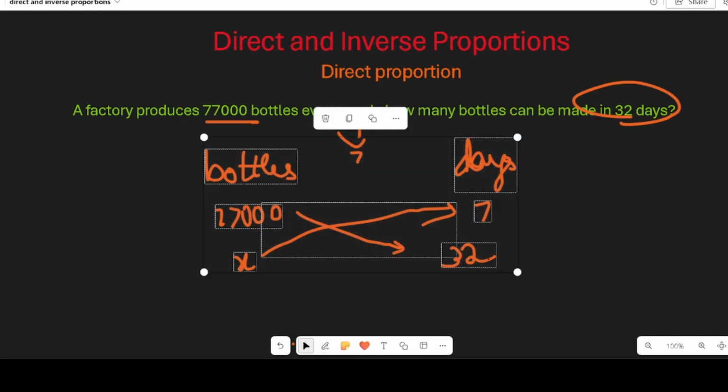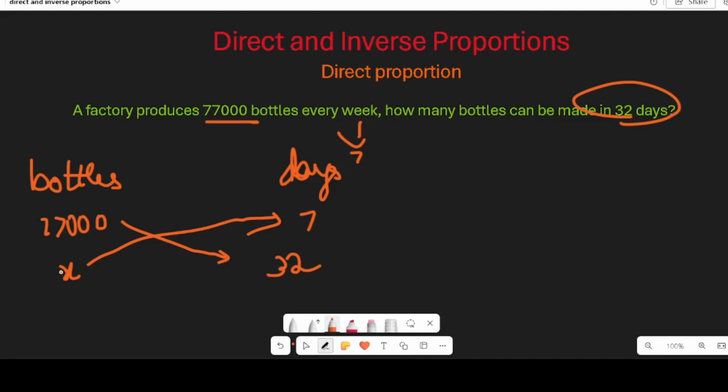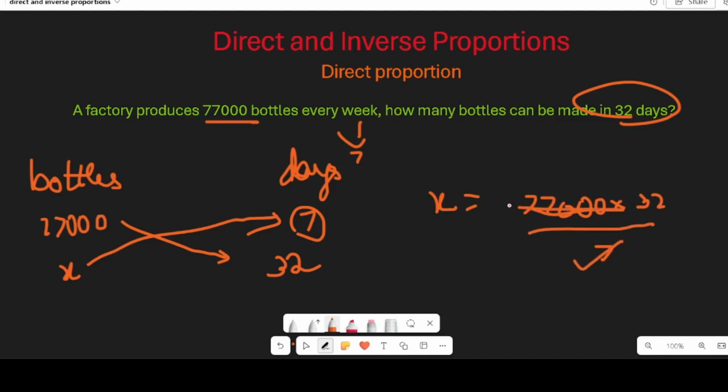So now what you should do is solve the problem. So x, since x is being multiplied with 7, would be the denominator after the equal sign. So 77,000 into 32 divided by 7. 7 times 11,000 would be 77,000.